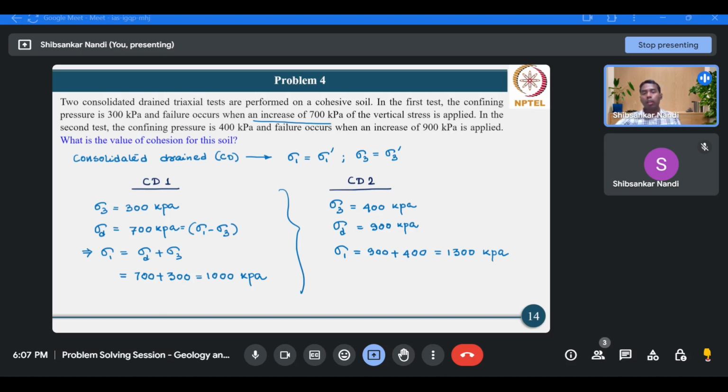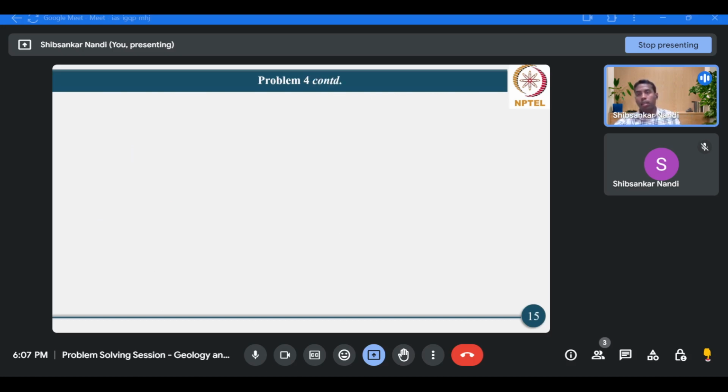Now we will utilize the relationship between sigma 1 prime and sigma 3 prime. So sigma 1 equals sigma 3 tan square 45 plus phi by 2 plus 2c tan of 45 plus phi by 2.